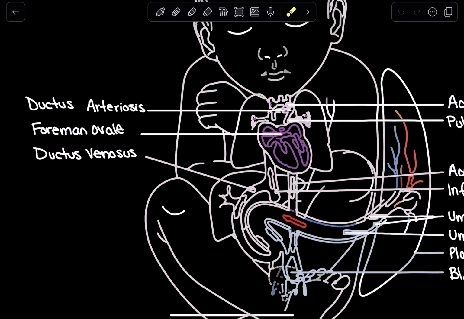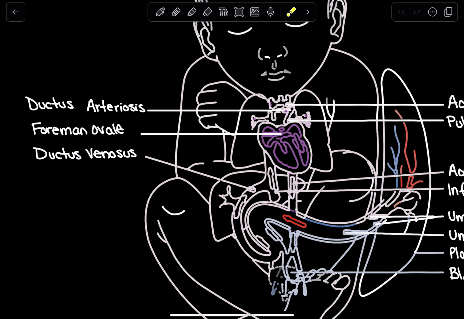It's going to do so through a small opening over here that is referred to as the foramen ovale. So blood passes through, and now we're in the left atrium. Now we're going to be pumped into the left ventricle. And from the left ventricle, that blood is going to be pumped up and out through the aorta to the rest of the body.